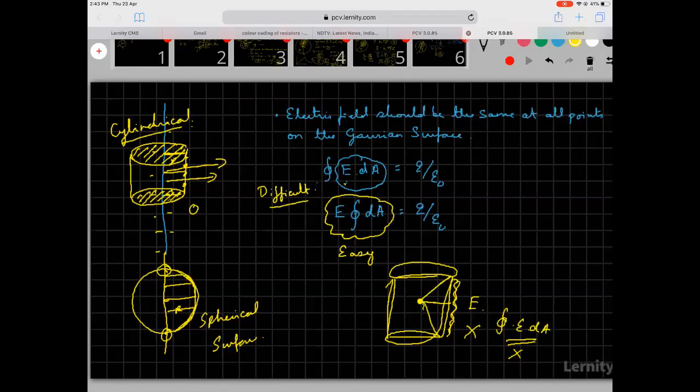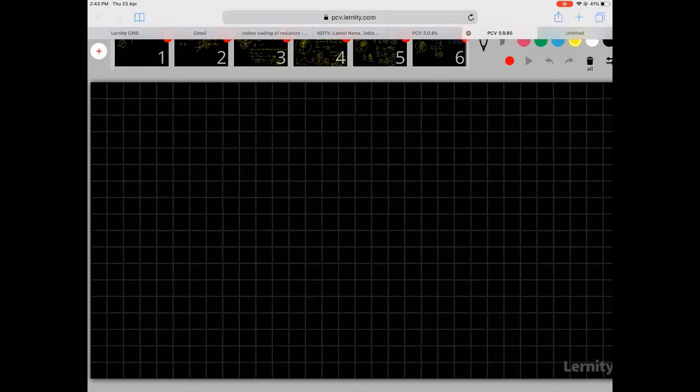But if I have a spherical Gaussian surface, it is so easy. It is the same distance from here, the same distance from here. So, E is the same. Because E is the same, the integral of E dot dA becomes easy: E integral dA.